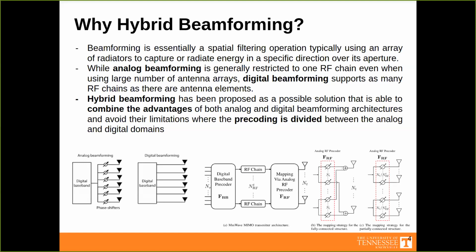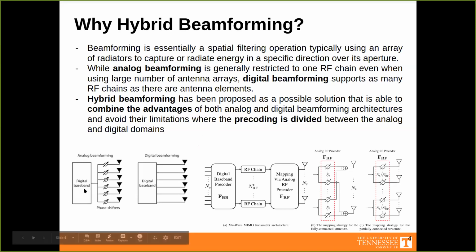On the other side, we have digital beamforming, where we have as many RF chains as the number of antennas, but it is difficult to build and it is not efficient from a hardware point of view. It consumes a lot of power, emits a lot of heat, and it is not feasible from a commercial point of view. So hybrid beamforming is considered a combination of the advantages of both types, avoiding the disadvantages of each of them.